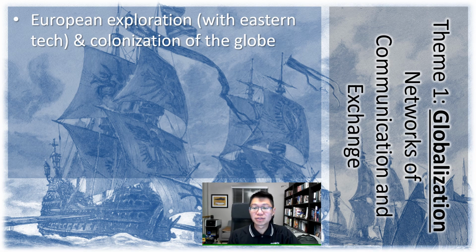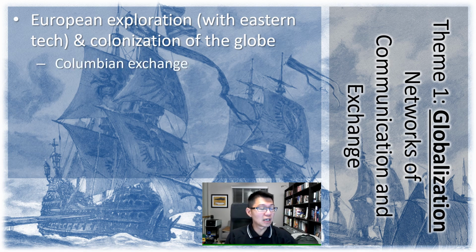We're going to look at a number of things, particularly not just the regional connections that were made in the last unit, like the Silk Roads and others, but the process of globalization, that the networks of exchange and communication are now global, particularly through European exploration with Eastern technology of the globe.